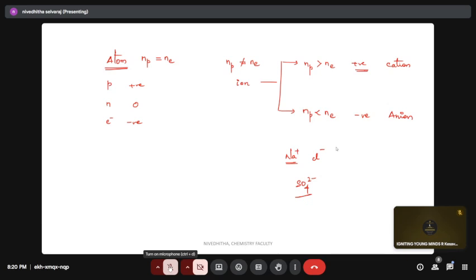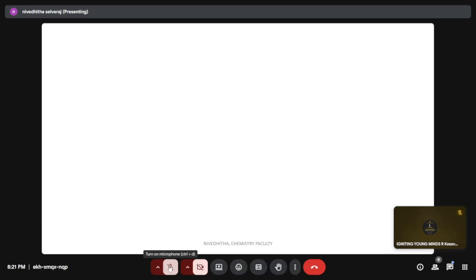So mobility of charged particles leads to current. Mobility of electrons leads to current, and similarly mobility of ions also leads to current, right? According to the definition, mobility of charged particles leads to current.